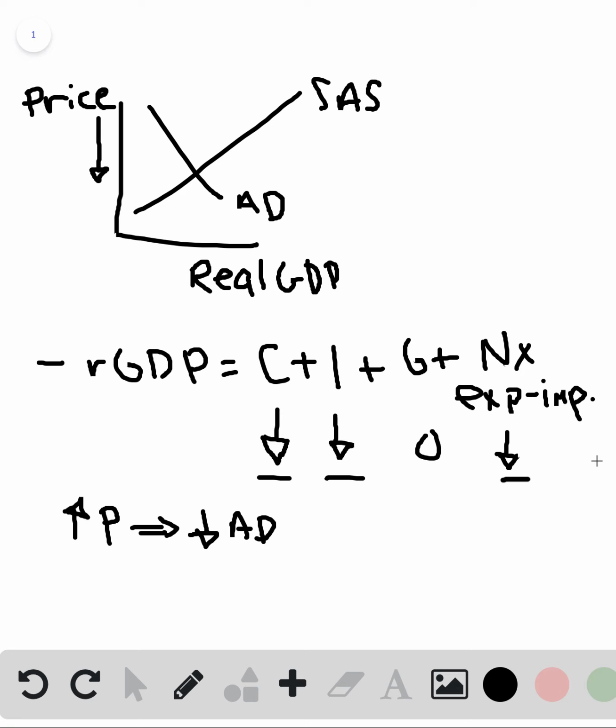So again, to summarize, you cannot use the substitution effect that we were able to use for an individual's demand curve, but you have to look at these three components when you look at the aggregate demand curve, if that makes sense. Okay, that is the end of the question, and we are good.